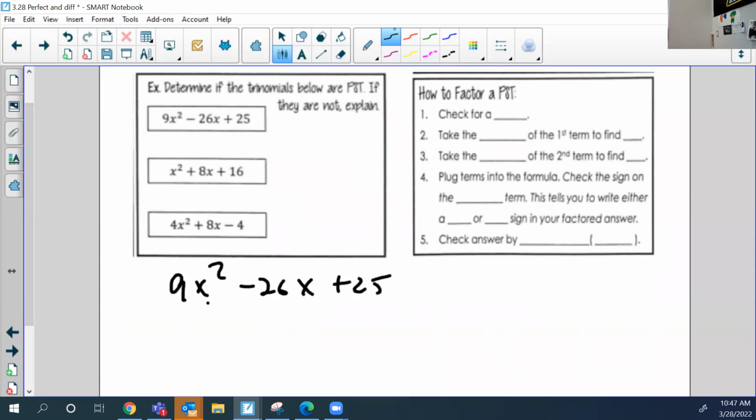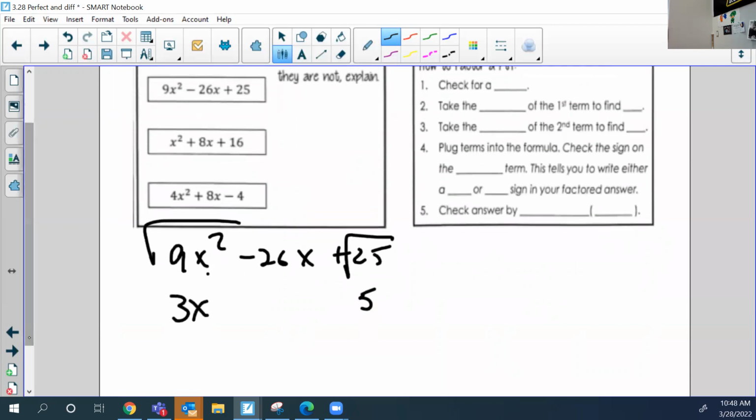Okay, so this is a perfect square. That gives me 9x. I'm sorry, 3x. This is a perfect square. That gives me 5. So now I'm going to have 3x minus 5, 3x minus 5. Remember, this is a minus sign right here. Let's do our checks now to see if this is actually a perfect square.